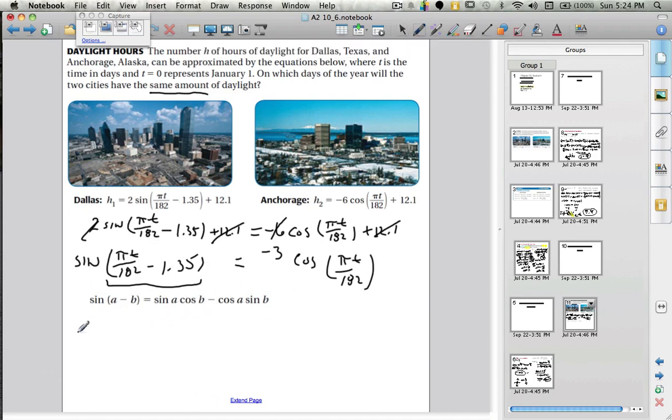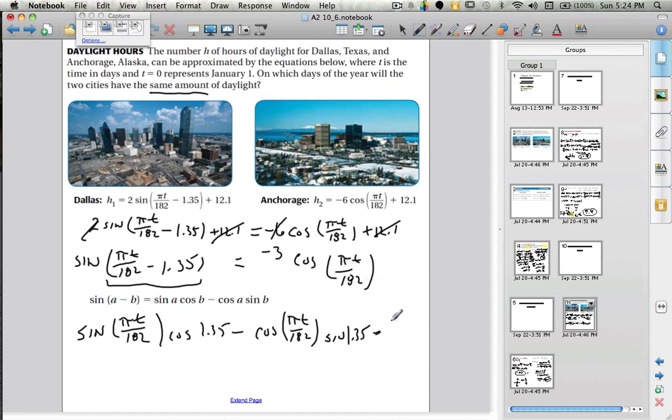So I know I've got the sine of pi t over 182 times the cosine of 1.35 minus the cosine of pi t over 182 times the sine of 1.35.